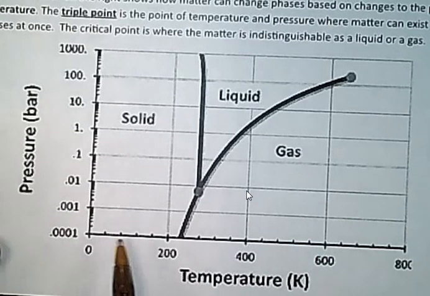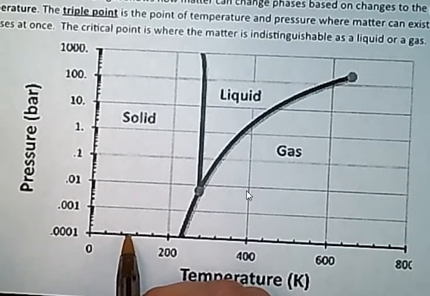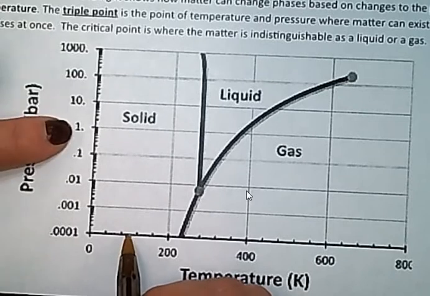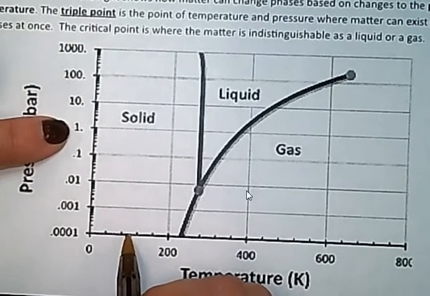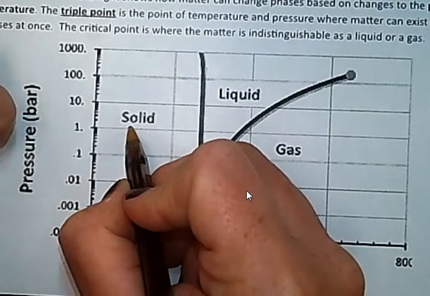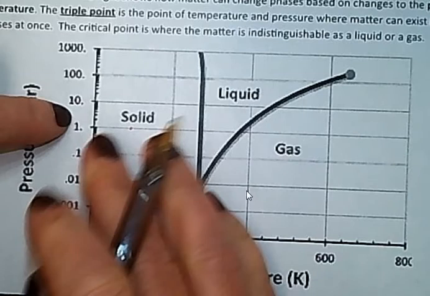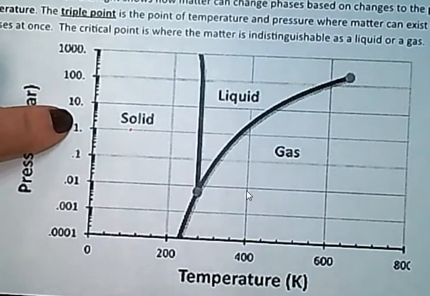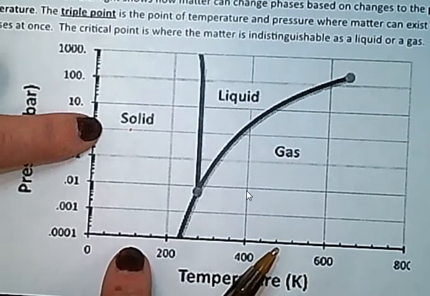So your temperature and your pressure act like ordered pairs. For example, if I had 100 in temperature, 100 Kelvin, and 1 bar of pressure, if I were to plot that point, it would be somewhere in here. So that means I would be dealing with a solid at that point in time. At this temperature and this pressure, I would be dealing with a solid.